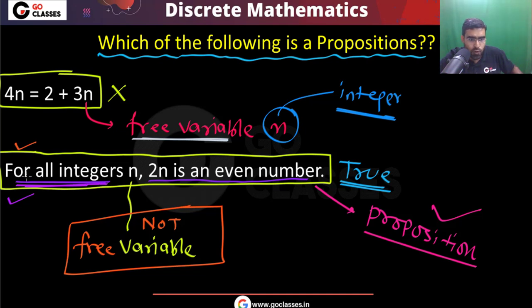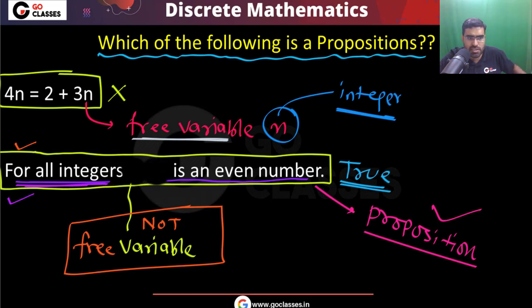It is saying for every integer, 2n is an even number. So here this n is not a free variable, or I can say this sentence does not depend on n. I can remove this n, and simply say that for all integers, twice of it is an even number.